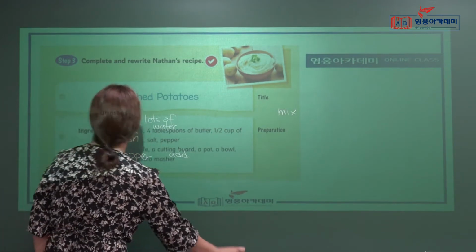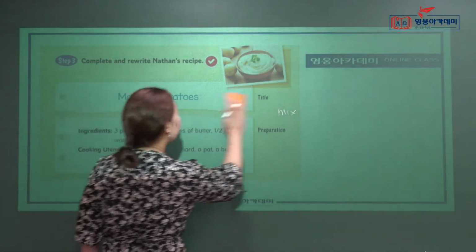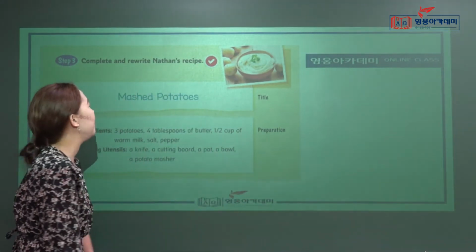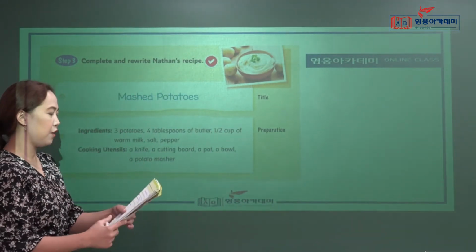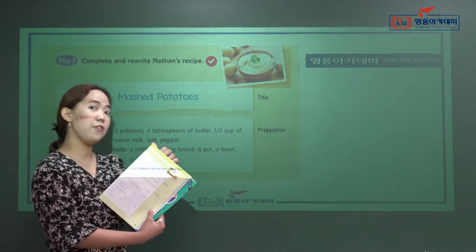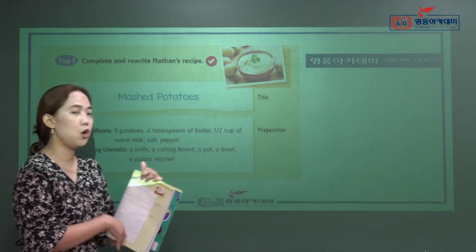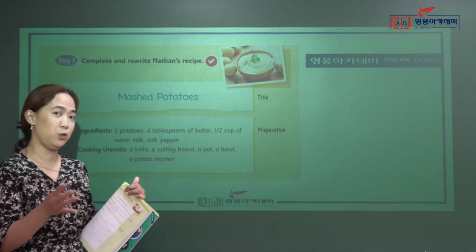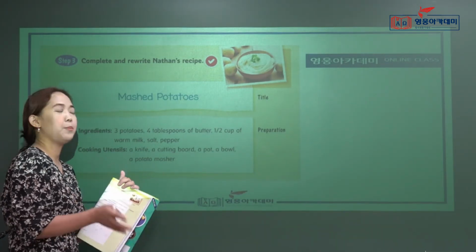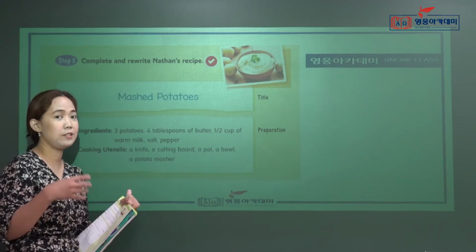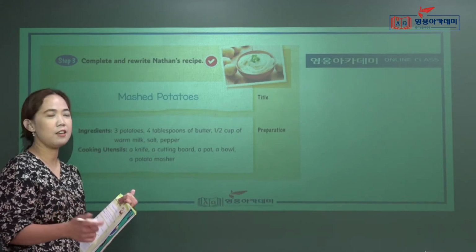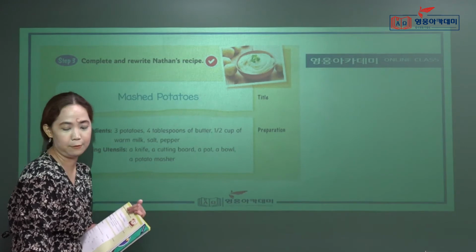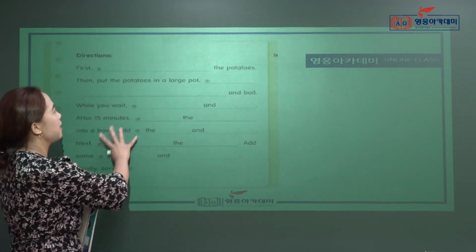Finished? Okay. Now, if you're done with that, what you're going to do now is, in page 81, this is step 3, you're going to complete and rewrite Nathan's recipe. You already know what to do. You can look from the previous page if you did not memorize the words. But if you did, it will be better if you just answer and fill in the blanks, okay, in here.